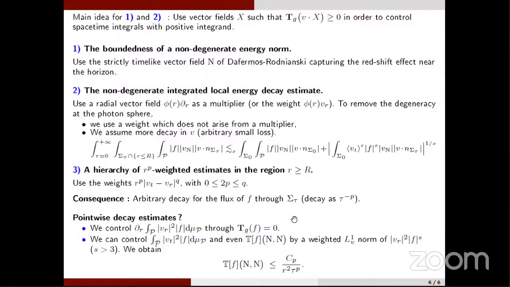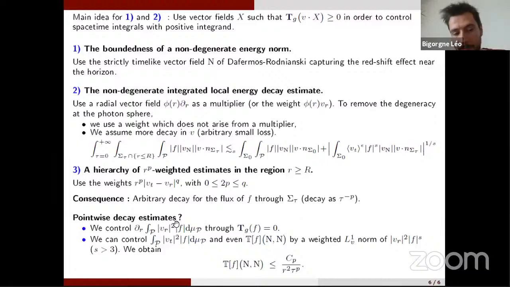Where this enters? Yeah. So the thing is that I can estimate pointwise the velocity average when there is the v_r squared here. If you look, for instance, at the velocity average with v_t squared, what we would like to do is to force v_r squared to appear.